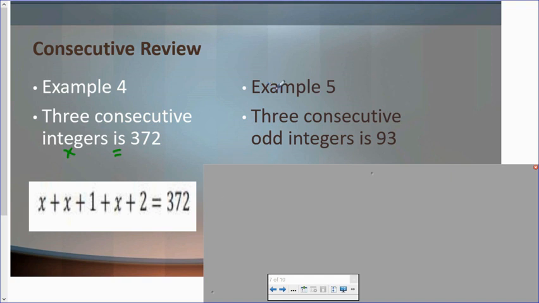All right, let's look at example 5. This time I have 3 consecutive odd integers. Okay, so x this time is going to be my first odd integer. And again, we're going to have it equal 93.